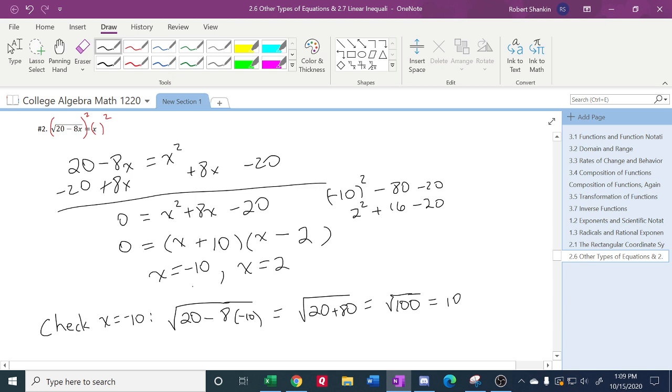So when I plug in negative 10, for the left-hand side I'll get 10. For the right-hand side I get x, which is negative 10. But they do not equal each other. Doesn't check. So, what do I do with the negative 10? I throw out that answer. It had to check.